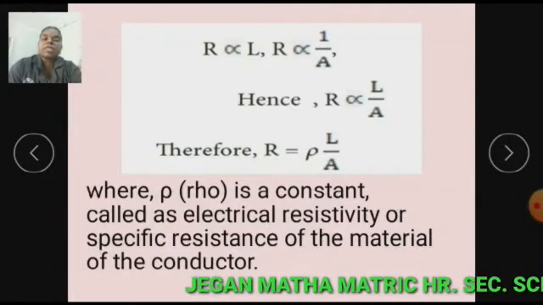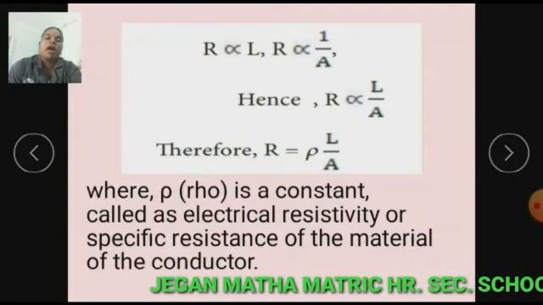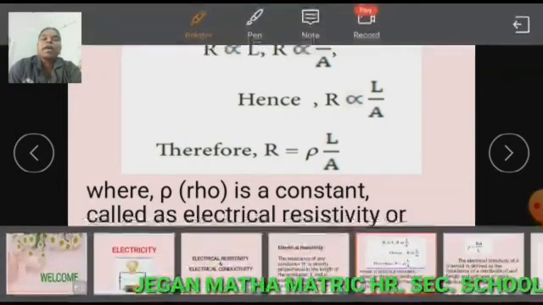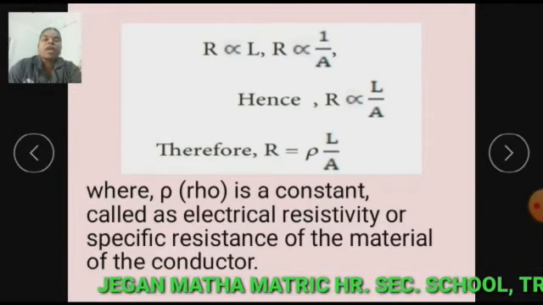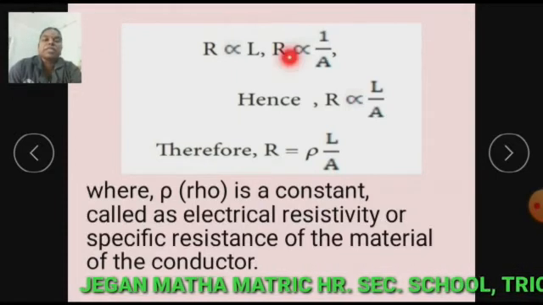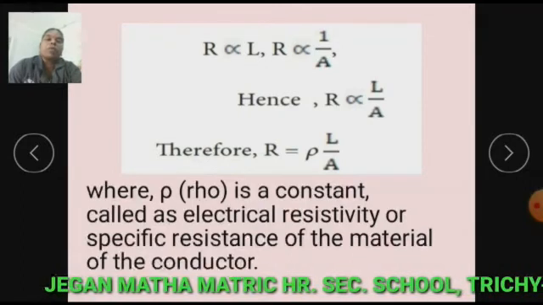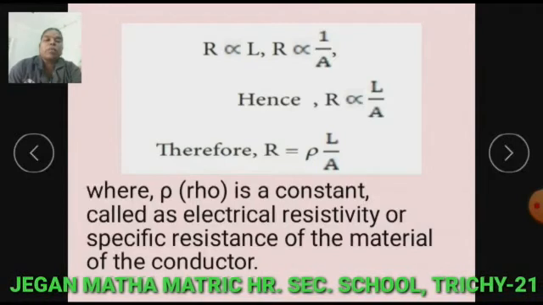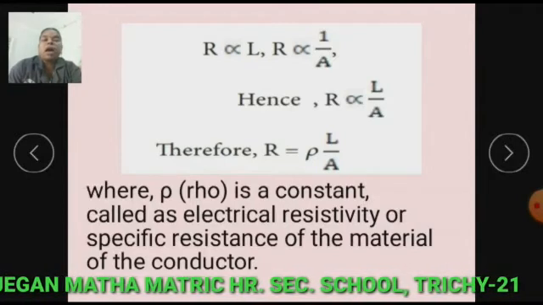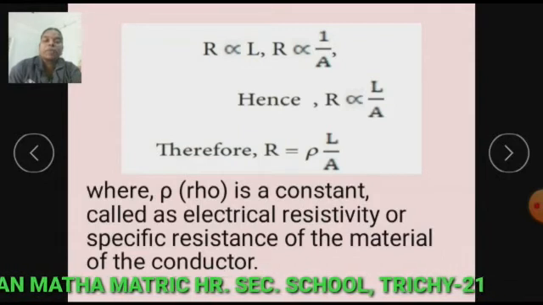This is expressed mathematically: R is directly proportional to the length of the conductor, and resistance R is inversely proportional to the area of the conductor. Both the equations are combined, hence R is proportional to L by A.